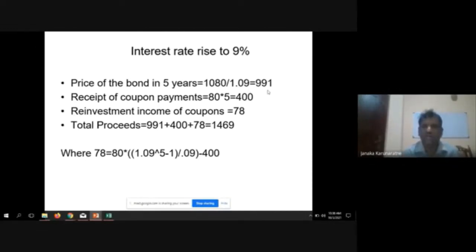So now bond price will come down, 991. Coupon, you will get same coupon during the 5 years, 400. Now reinvestment coupons, you get a higher amount because you are reinvesting at a higher interest rate. So you will get 78. So altogether you end up with 1,469.